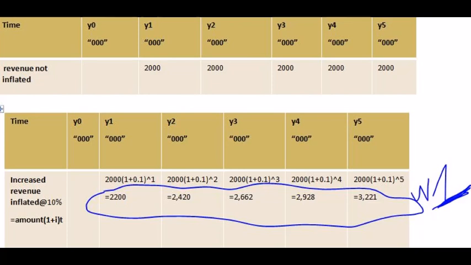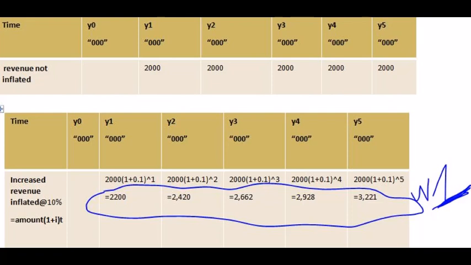We take the amount in year 1 and multiply by 1 plus i, inflation, to the power of time. As you have seen, for the first year we get 2,200, then year 2, year 3, year 4, year 5, and year 6.